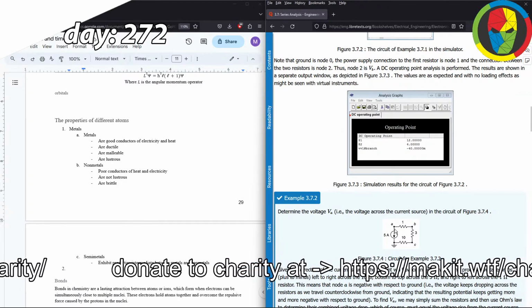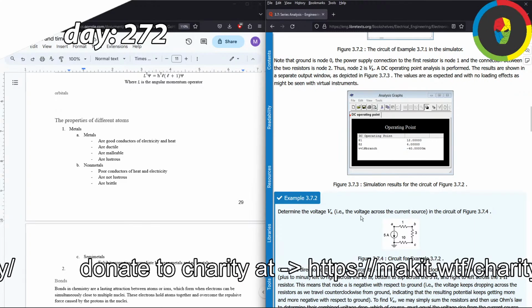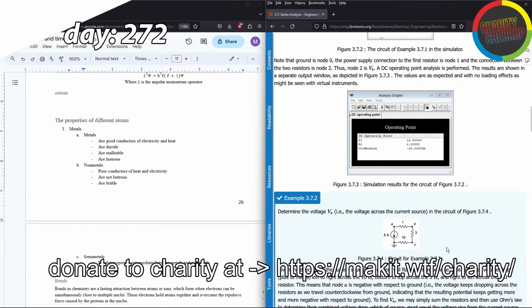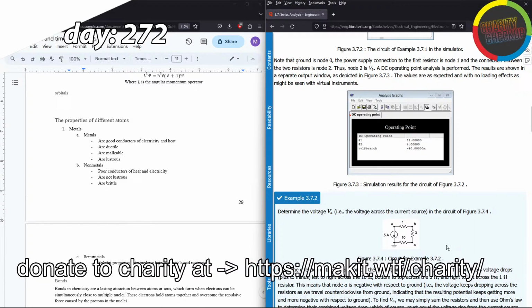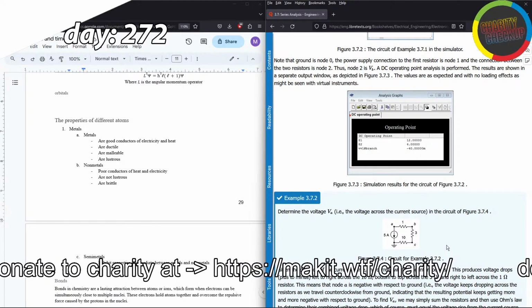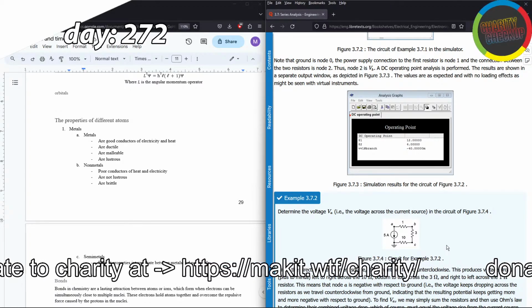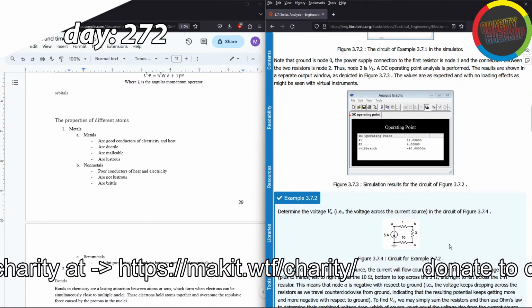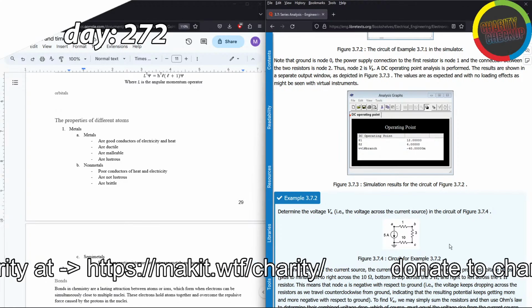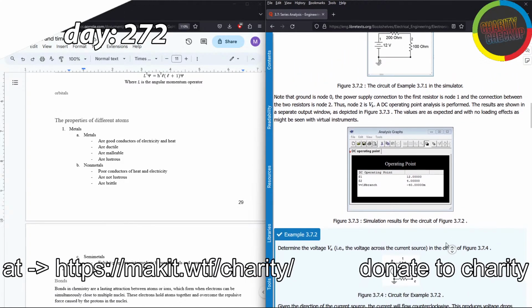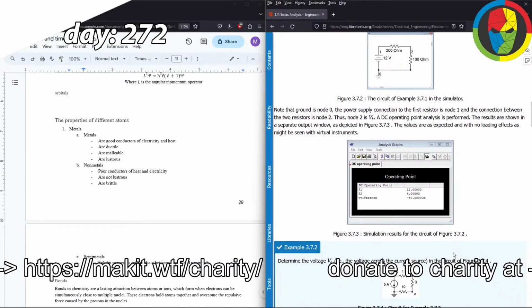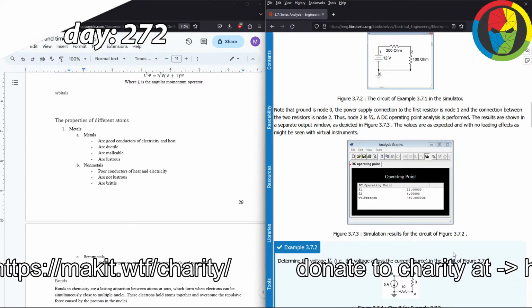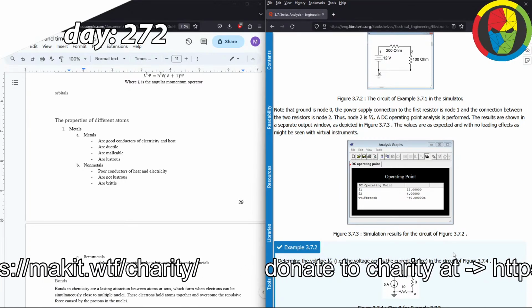Okay, determine the voltage A, the voltage across the current source. Would it be 140? Wait, no, 5.